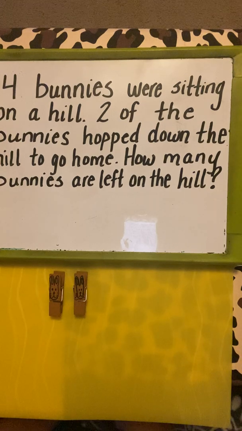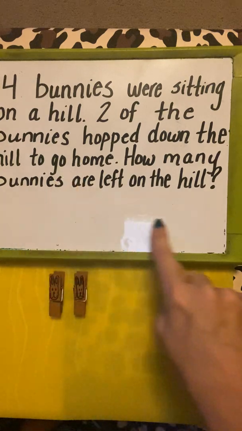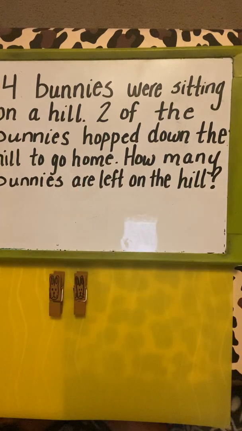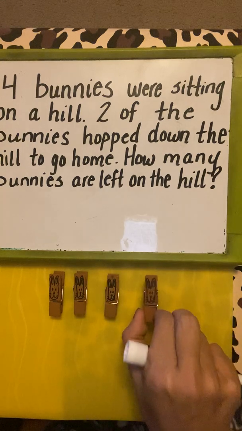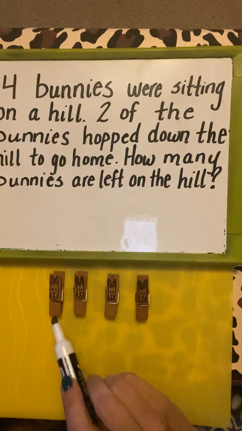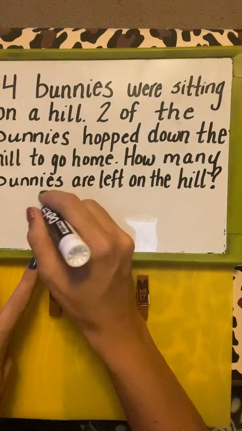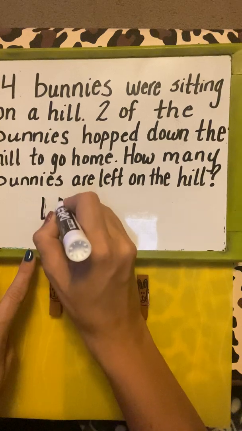So if we wanted to represent this story with a number sentence, okay, we know it's going to be for subtraction, right? So let's put our little bunnies back, okay? And our first number in our word problem is 4. 4 bunnies were sitting on a hill. So what number do we need to write first? That's right, 4.